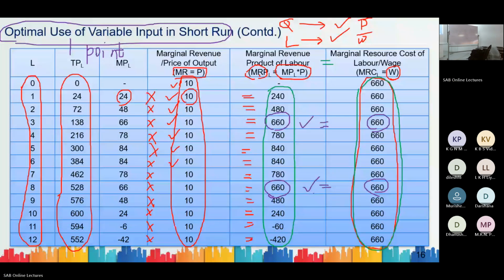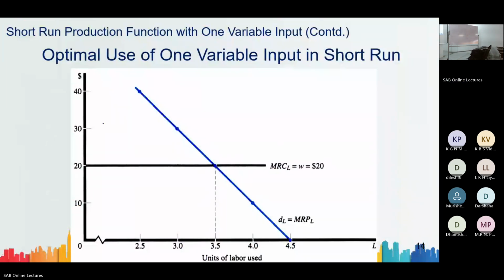If we show it graphically, it should be this. And at this point, marginal revenue product of labor should be decreasing, and marginal resource cost of labor should be a constant value.